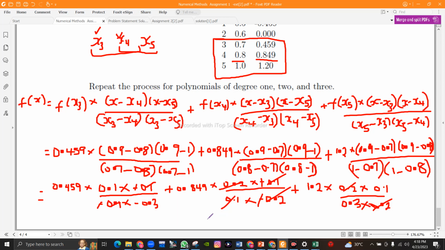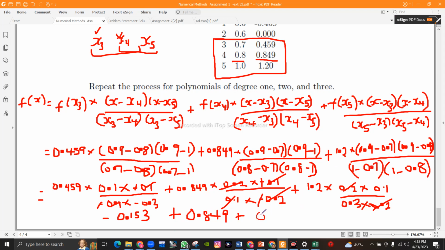That's minus 0.153, plus this is just 0.849, plus 1.2 times 0.1 divided by 0.3, that's 0.4.